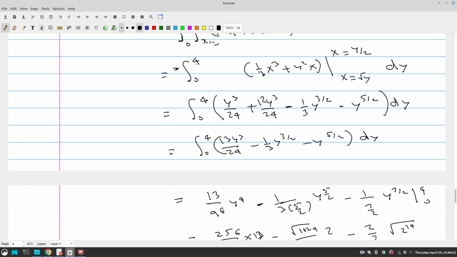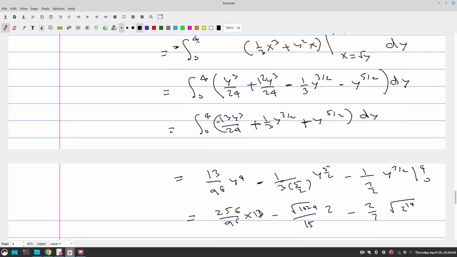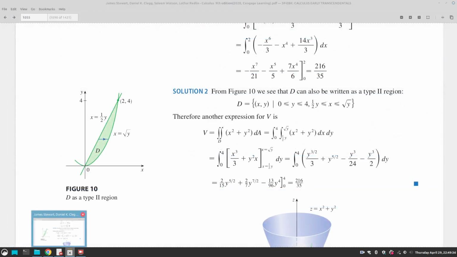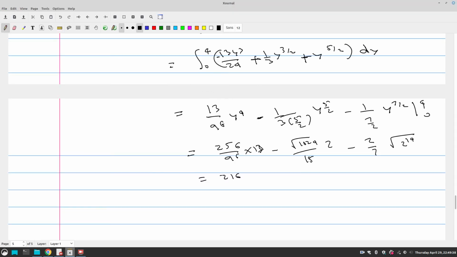So you have a minus sign here, plus sign here, plus sign here, right. And that should actually give us 216 over 35. If you work the whole thing out, this should give us 216 by 35.